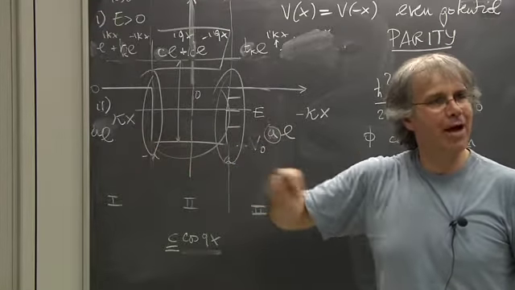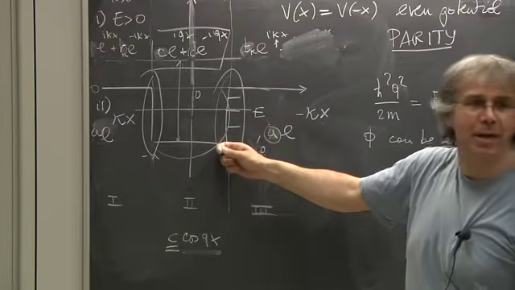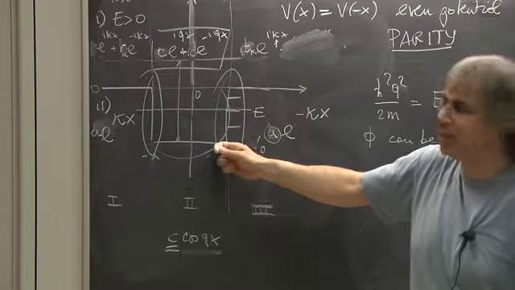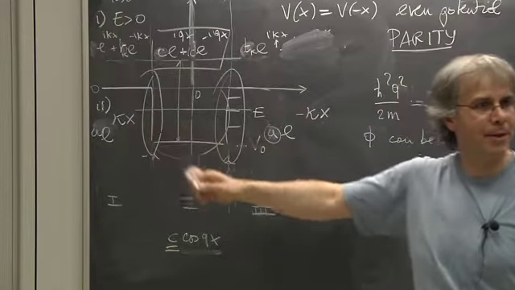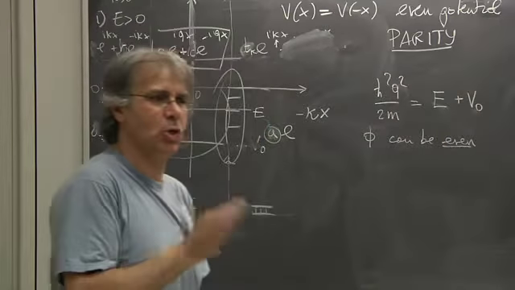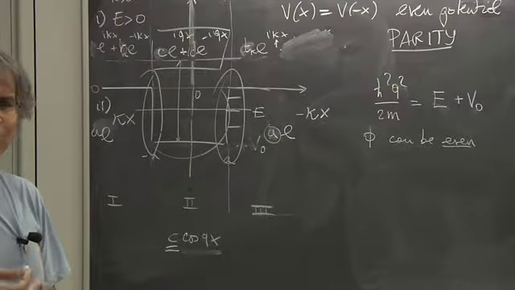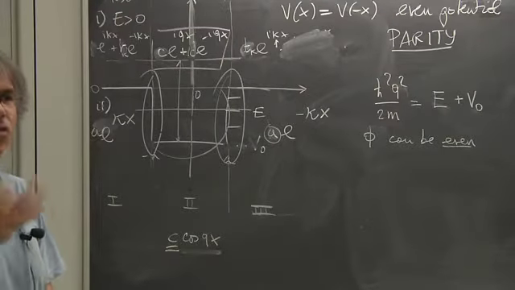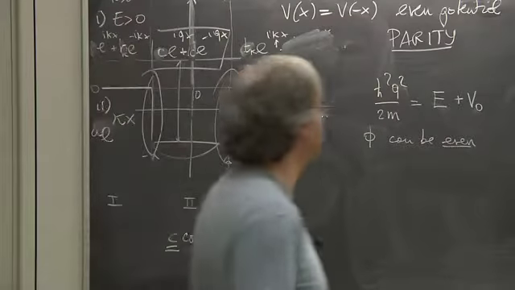So you don't have to do the work twice. You just match the wave function here, because the wave function is even, and therefore it's perfectly nice also on the left. So this is the way you cut the work in two, which is not trivial when you have a system of equations to solve. Rather than having 4 variables, you now have only 2, which is much, much simpler.